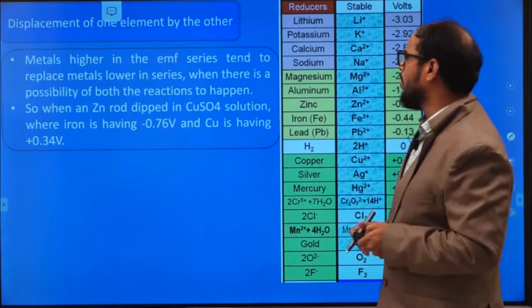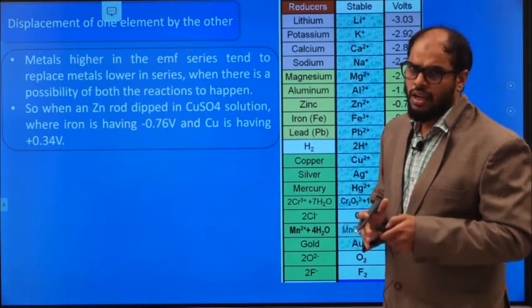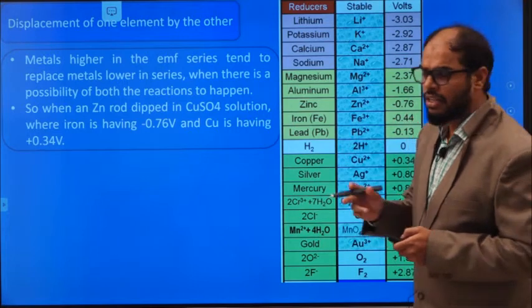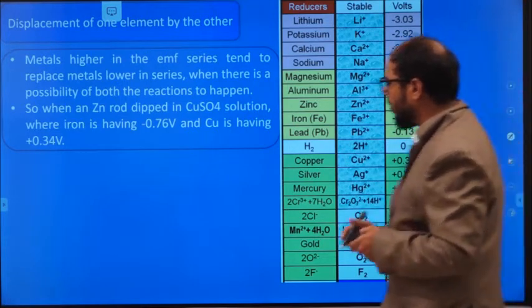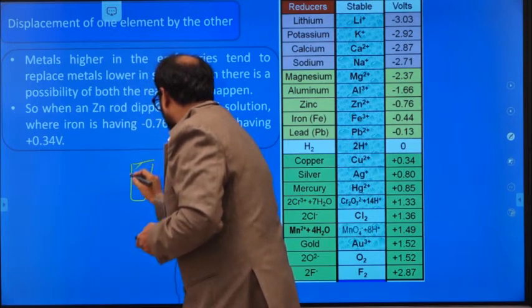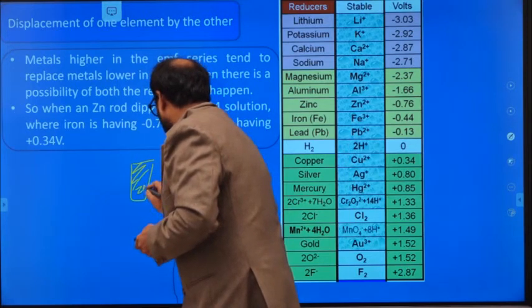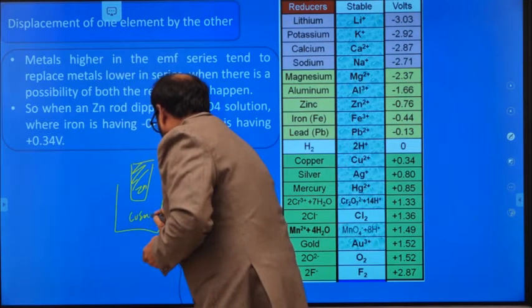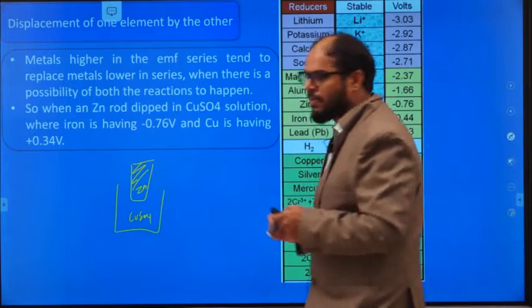And this electrochemical series will also tell us whether we can carry out a displacement reaction between a metal and its solution. Let us take a simple example. We have a zinc rod, and this zinc rod is placed in copper sulfate solution. What is meant by a displacement reaction?